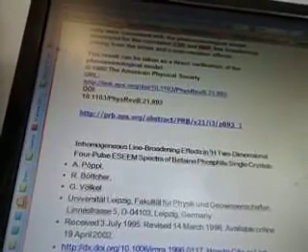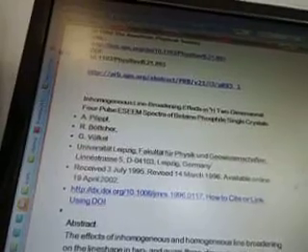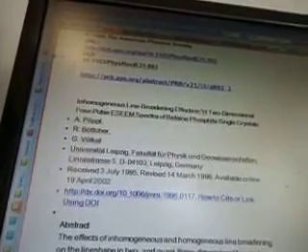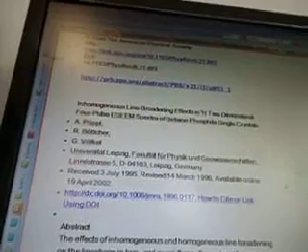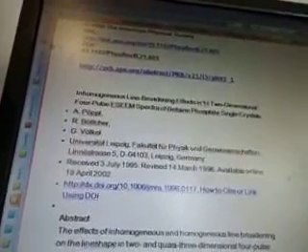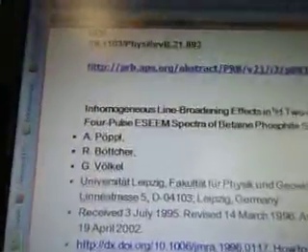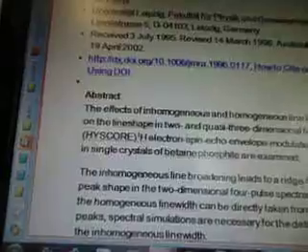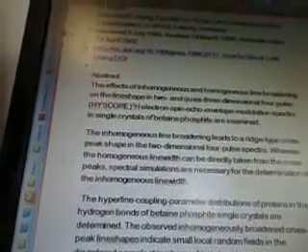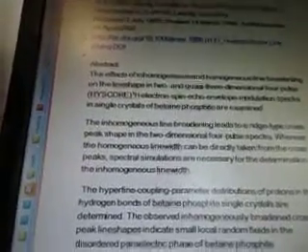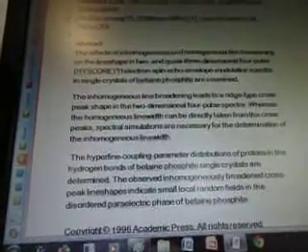So that's prb.aps.org. Another one is Inhomogeneous line broadening effects in 1H 2-dimensional 4-pulse ESEEM spectra of Betaine phosphite single crystals. And this one's from Germany, 1996. The effects of inhomogeneous and homogeneous line broadening on the line shape in 2 and quasi 3-dimensional 4-pulse high-resolution 1H electron spin echo envelope modulation spectra in single crystals of Betaine phosphite are examined.